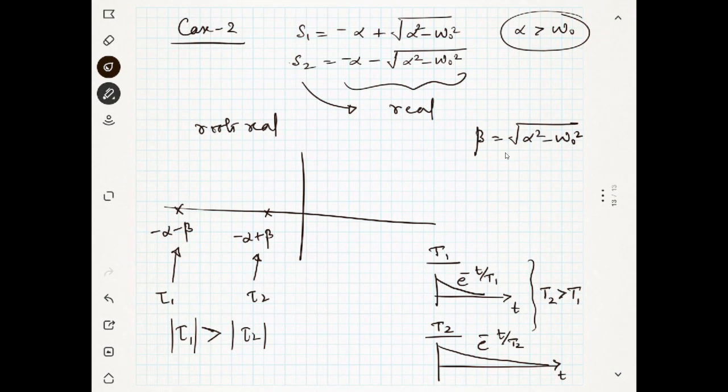This is a general example. If both are there in the system, which one will dominate? That's what I'm asking. Dominate means which response will last long? One has the less magnitude, right?